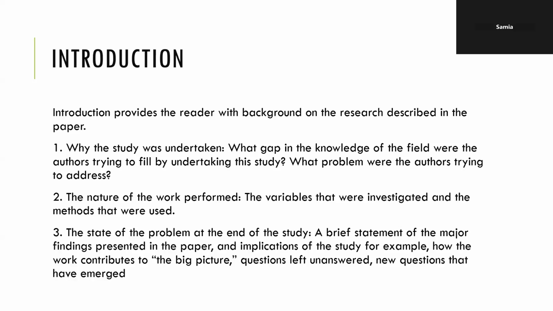So next is the state of the problem at the end of the study, and a brief statement of the major findings presented in the paper and the implication of the study, for example, how the work contributes to the big picture. So it means that you have given your background information, the problems, what's happening in the world and what's happening locally, and what kind of methods are currently applied to solve this problem, and so on.